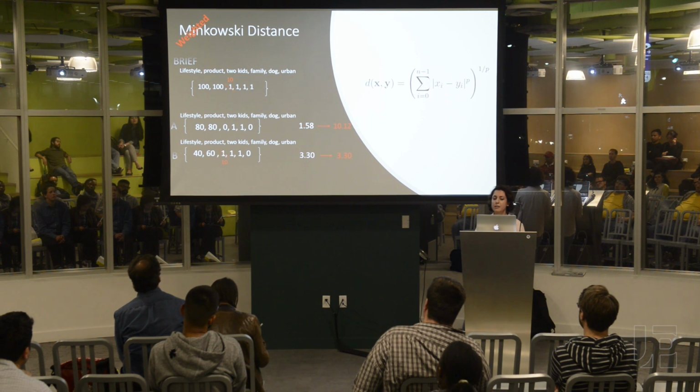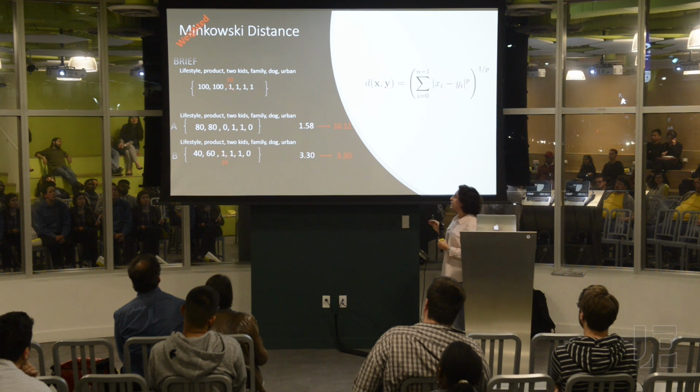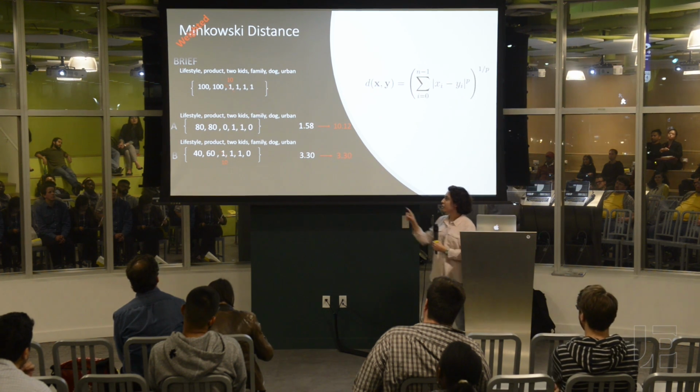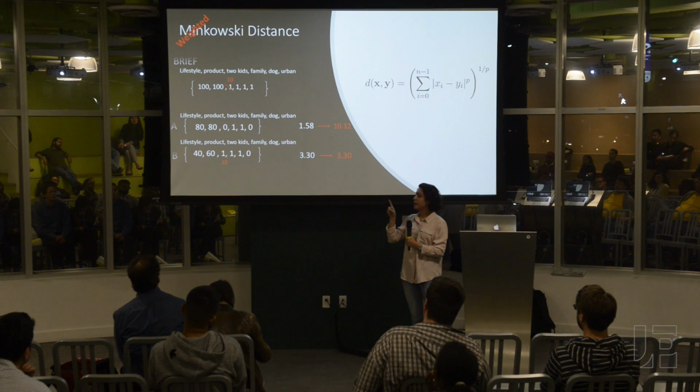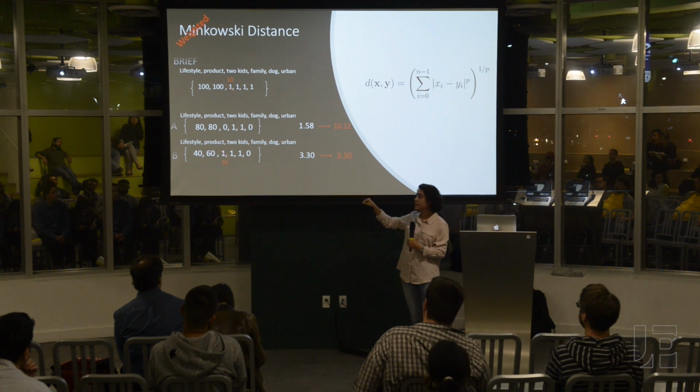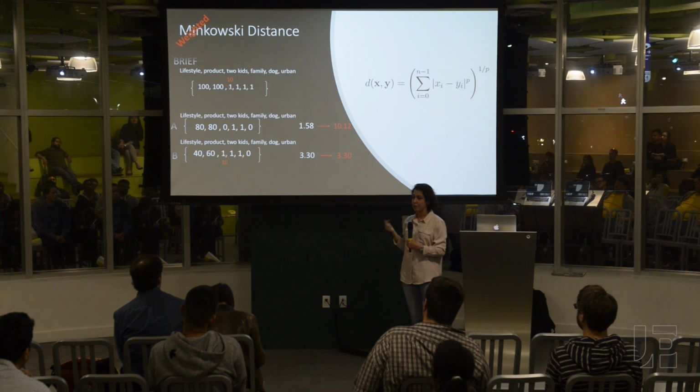Now, the Minkowski distance will change to 10 for the first one and remain the same for the second one. So now contributor B, because this person has access to having two keys, will be a better pick for this example.